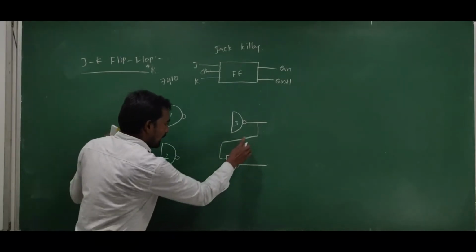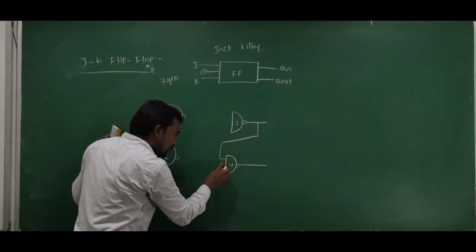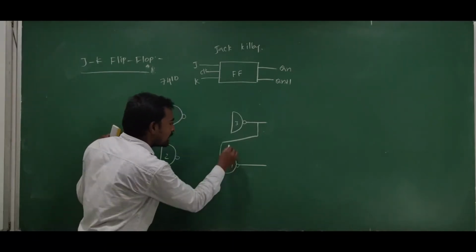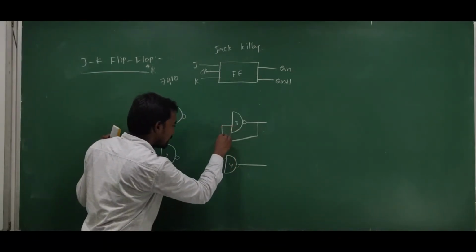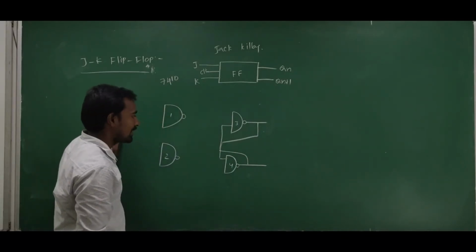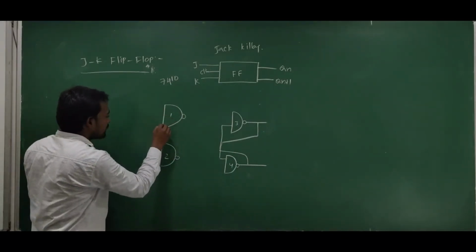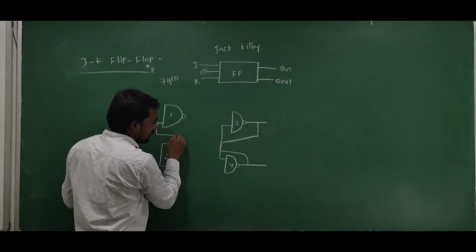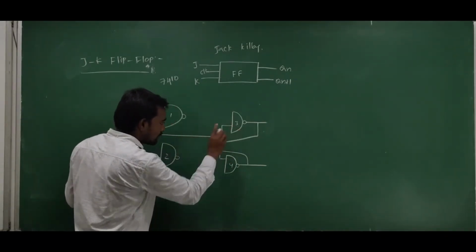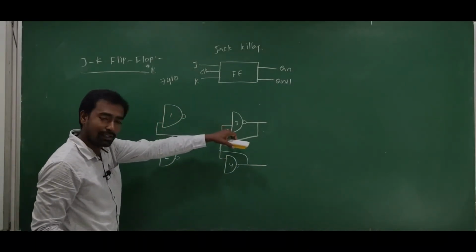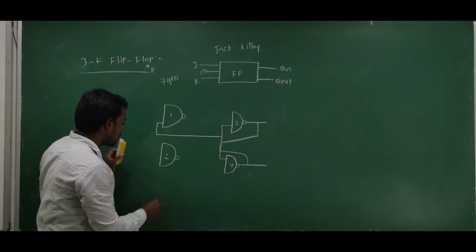The third NAND gate output is connected to the fourth NAND gate, and this fourth NAND gate output is reconnected to the third NAND gate. The first NAND gate is also connected to the third NAND gate and fourth NAND gate outputs, as well as the third NAND gate input.